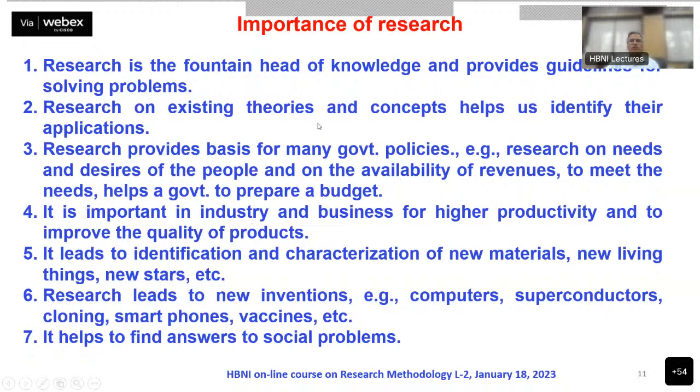Research on existing theories and concepts helps us identify their applications. Much research is done at a time when there is no immediate application, but subsequently you will find it is being used. One of the classic examples is www. The World Wide Web was developed by scientists at CERN, Geneva, who were doing experiments on high energy physics.